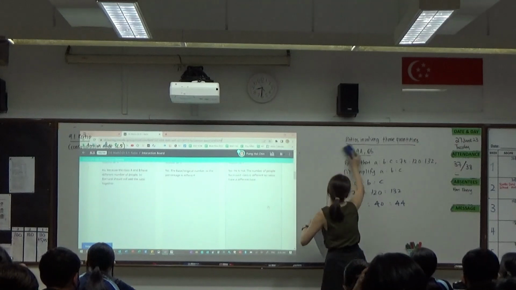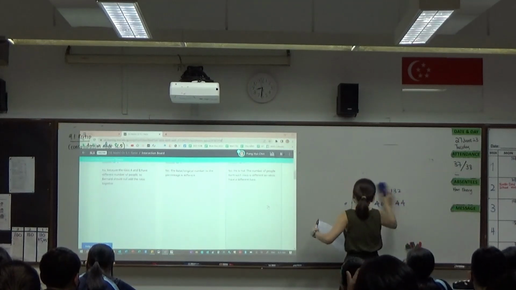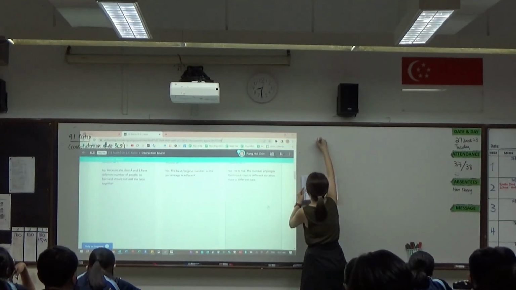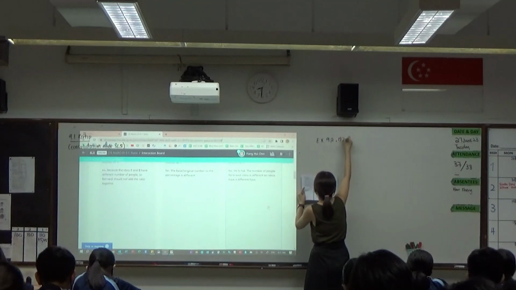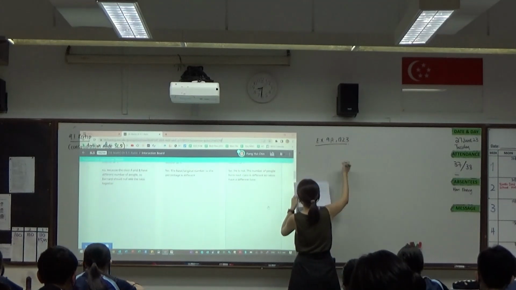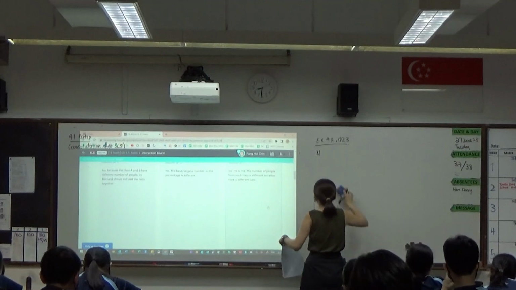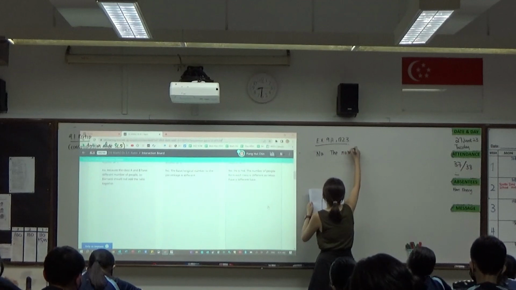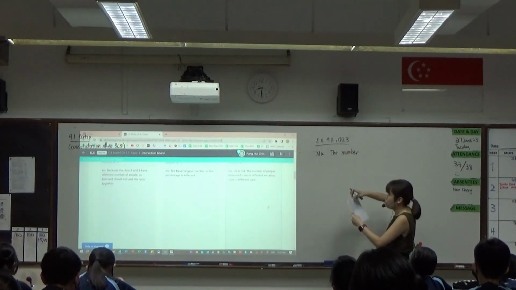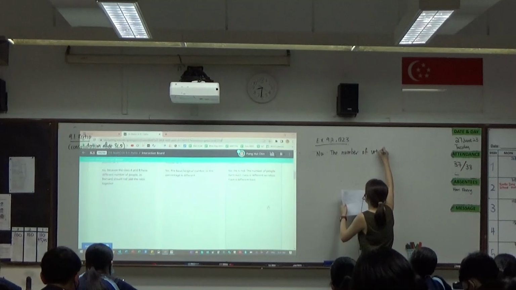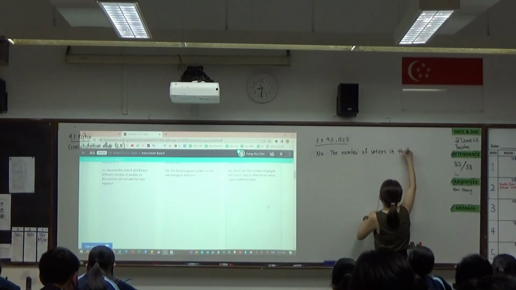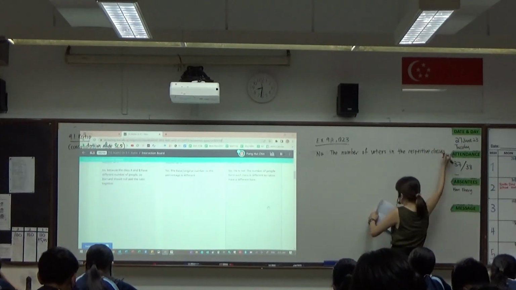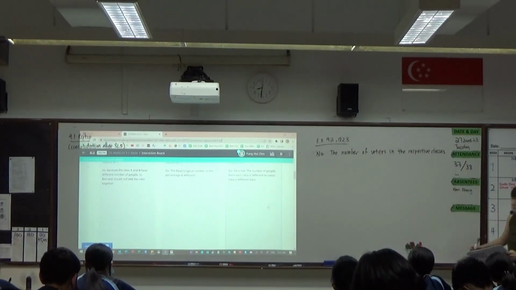So to answer the question, I'm going to provide you with the answer. This is your exercise 9A question 23. The answer is no. We need to give clarity to the idea of base, and in this case, we're talking about the number of voters in the respective classes. So we cannot loosely use the word base.